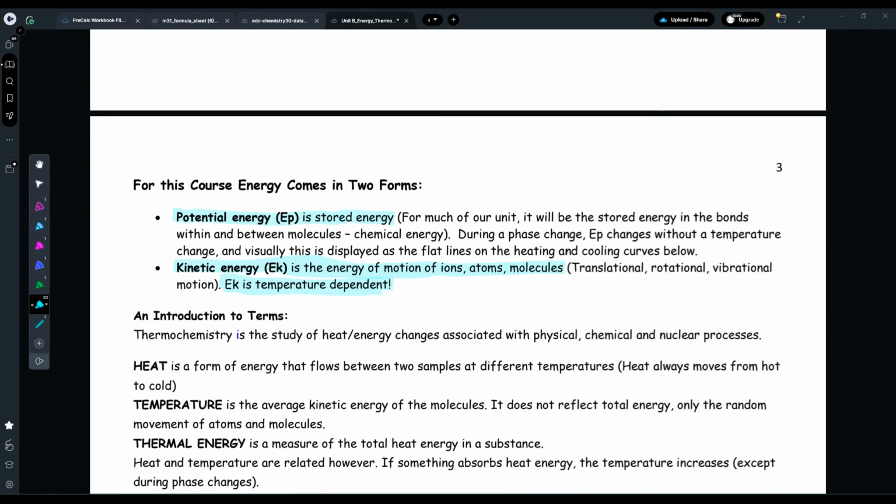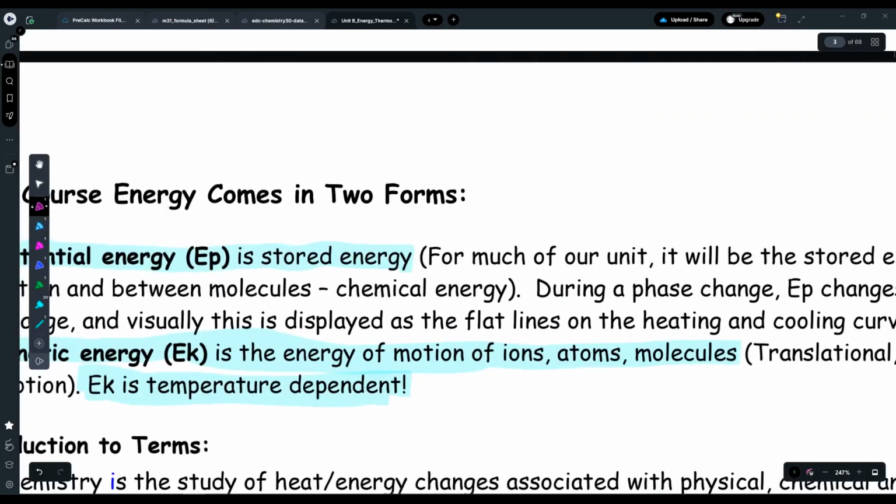When we get to calculations, the difference between potential energy and kinetic energy matters. Yes, potential energy is all about stored energy and kinetic energy is all about the energy of motion, but when it comes to calculations, potential energy, because it relates to stored energy, is going to be talking about chemical reactions.